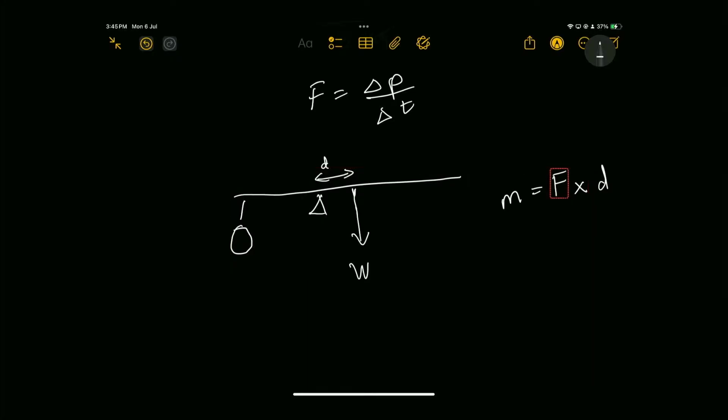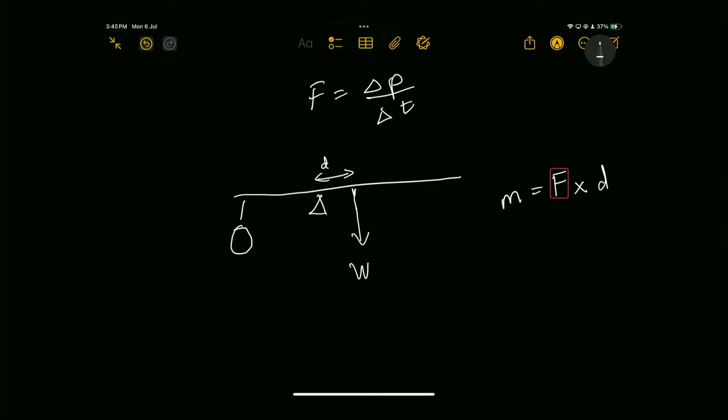Now there was something called the principle of moments. So what does the principle of moments state?